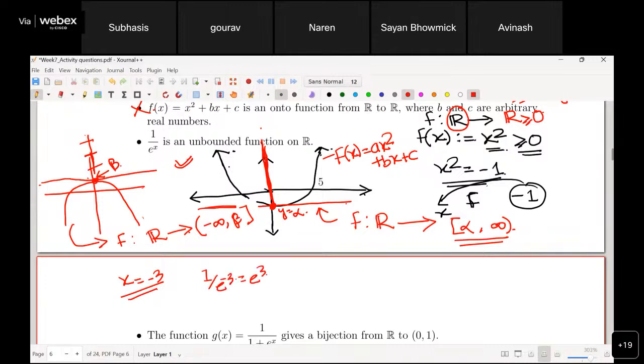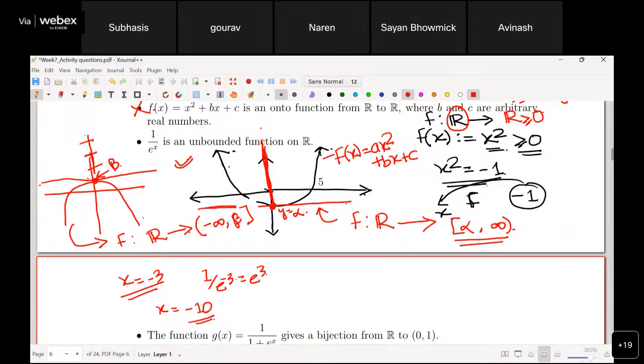If I take x to be large in the sense of magnitude, large negative numbers like minus 10, then I'll get an even larger number.